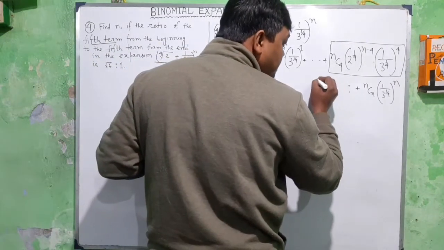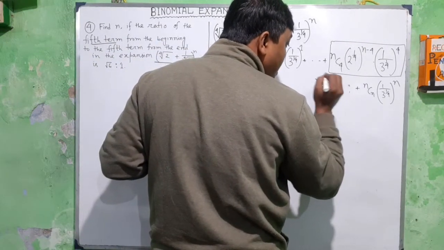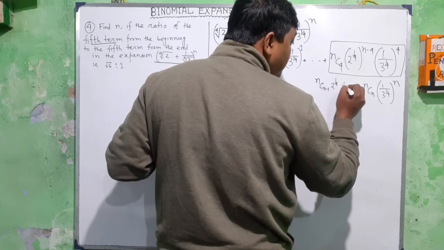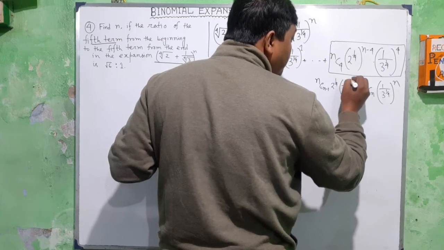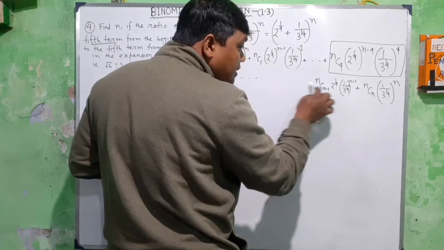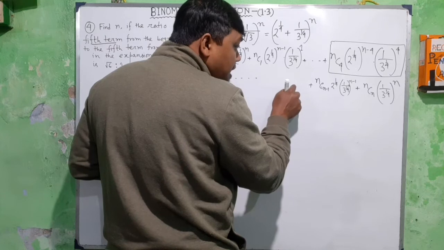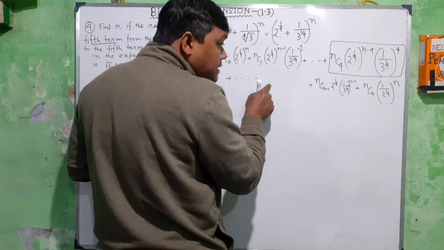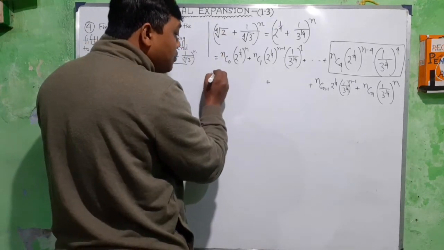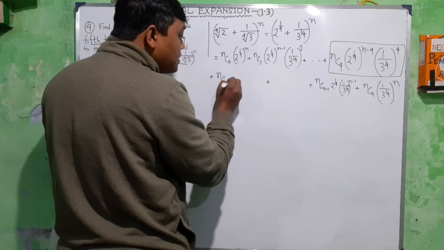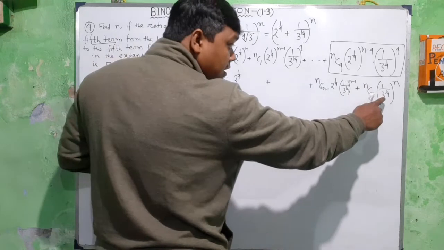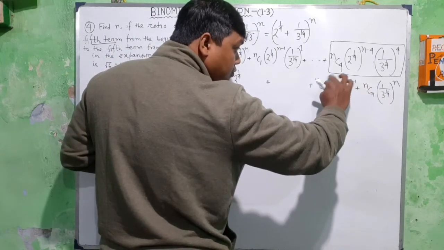The previous term is nC(n minus 1) 2 to the power 1 by 4 into 1 by 3 to the power 1 by 4, whole to the power n minus 1, and this is the second from the end, and third is nC(n minus 2), fourth is nC(n minus 3), and fifth is nC(n minus 4). So nC(n minus 4) 2 to the power 1 by 4, this is the end term, n minus 1 to the power 1.